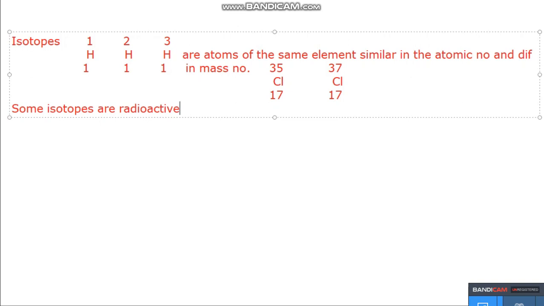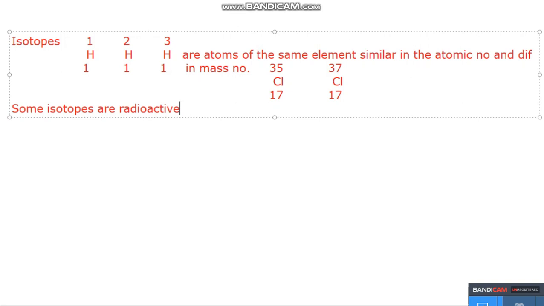Radioactive means they can emit radiation. They can emit rays like X-rays, gamma rays, alpha, and so on. Some isotopes are radioactive because the nucleus of these isotopes is not stable.